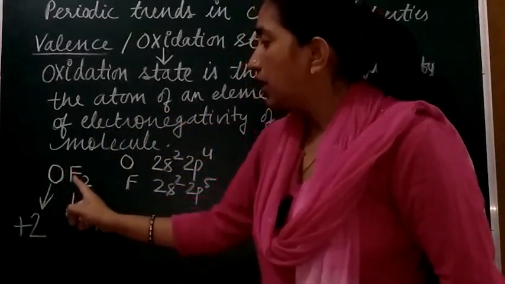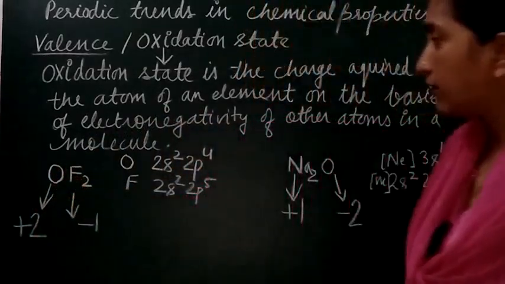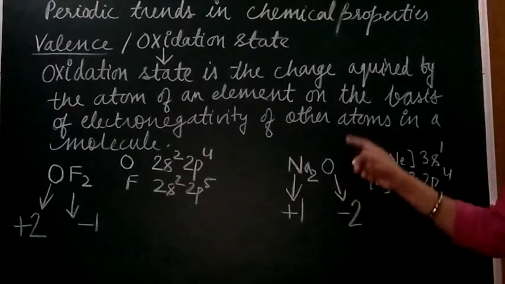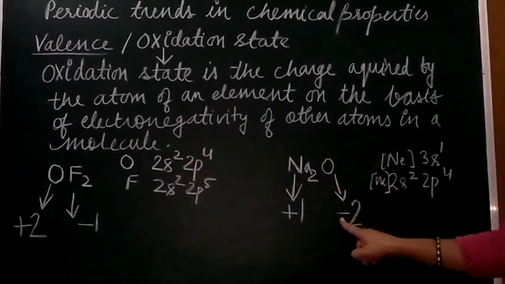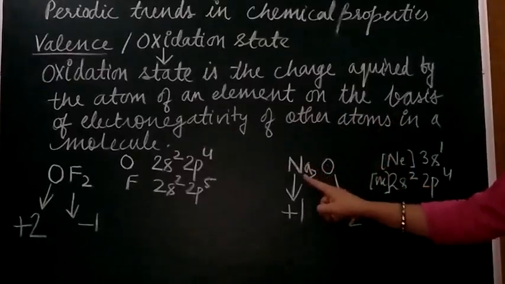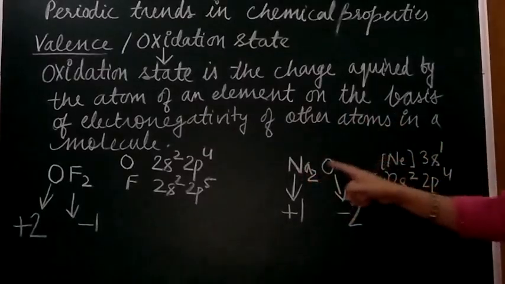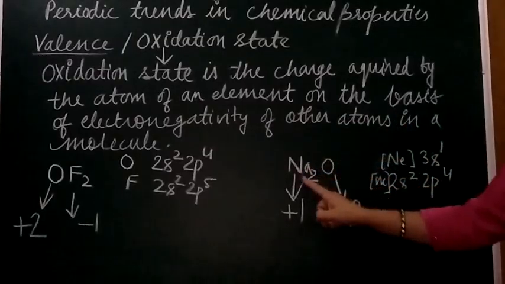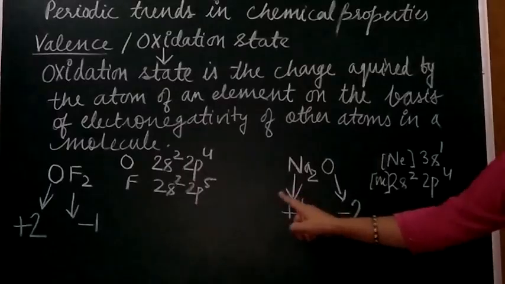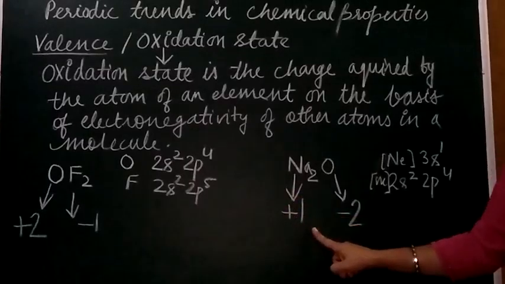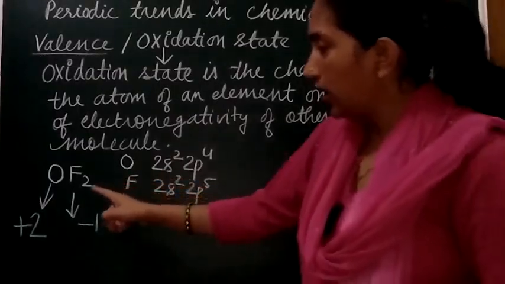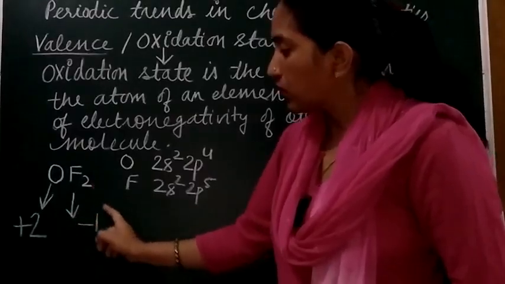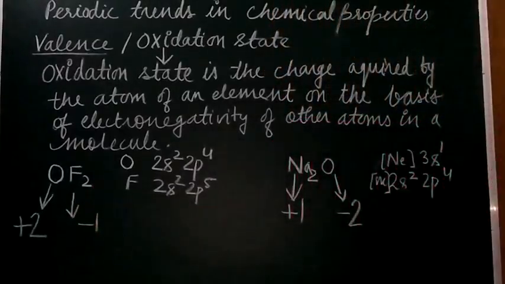Because it was bonded to the more electronegative element, fluorine, and in this case it is bonded to the electropositive element. So with respect to it, it is going to get the negative charge, right? And each sodium atom is going to lose one electron to the oxygen atom, so per atom it is +1, right students? And for fluorine, per atom it is -1. So this is about the oxidation state, right?